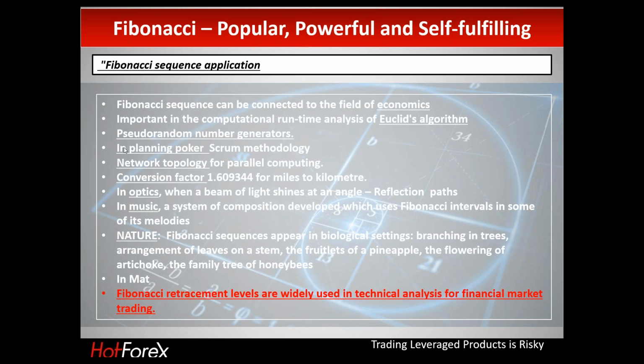In nature, we can see the Fibonacci sequence appear in biological settings: branching in trees, arrangement of leaves on a stem, the fruitlets of a pineapple. Because remember, we have seen fractals, and fractals are based on Fibonacci retracement.